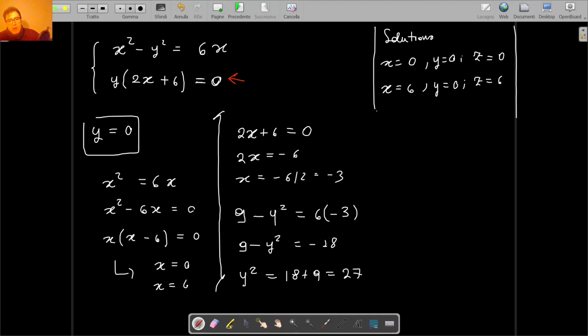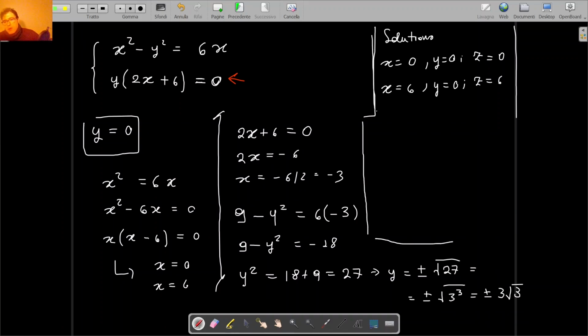And so now we have that y is equal to plus minus square root of 27, which I can write as plus minus square root of 3 raised to the third power. Then we can factor out a 3, and we have plus minus 3 square root of 3, and then we can write our final solutions. We have x equal to minus 3 and x equal to minus 3.